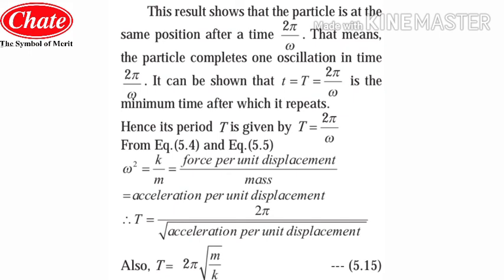Thus the period will be 2 pi into square root of m upon k. This is the expression for the time period: T is equal to 2 pi into square root of m by k.